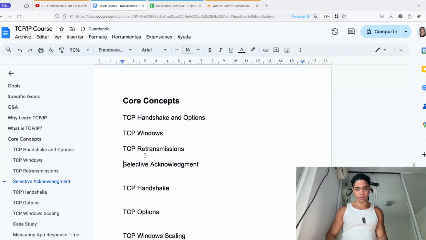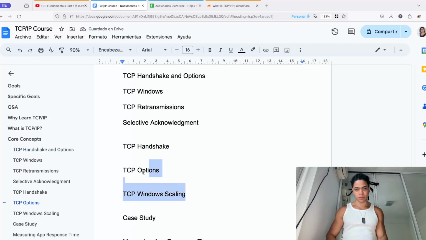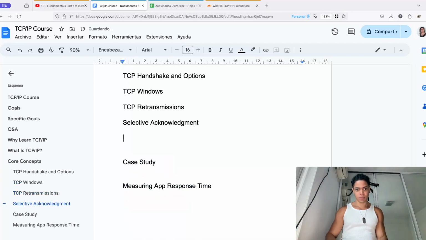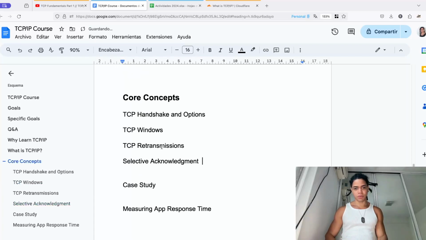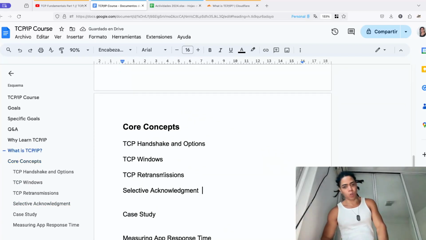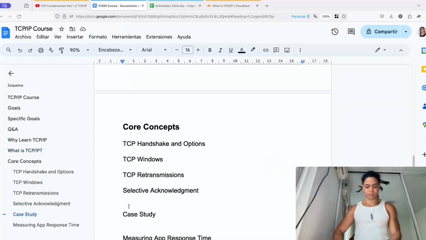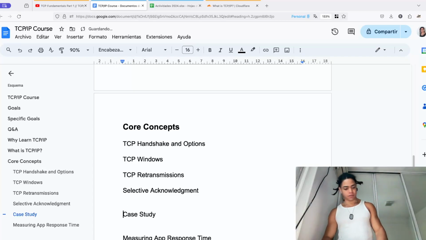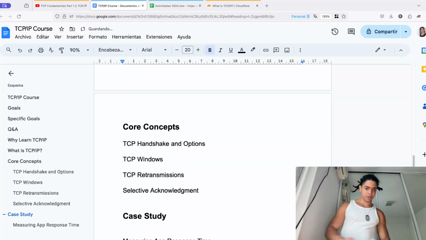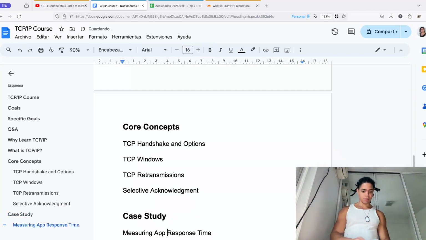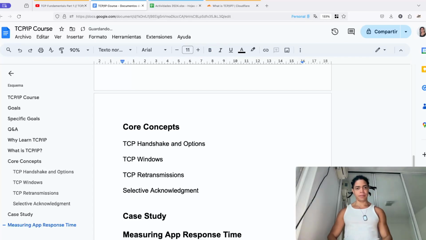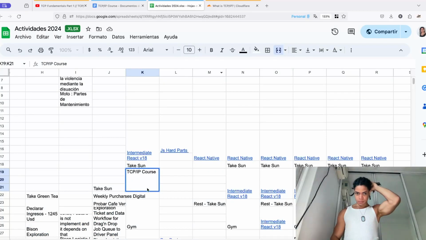Then selective acknowledgement. And then the case study and measuring app response. All right, that makes a lot of sense. Okay, TCP/IP course.